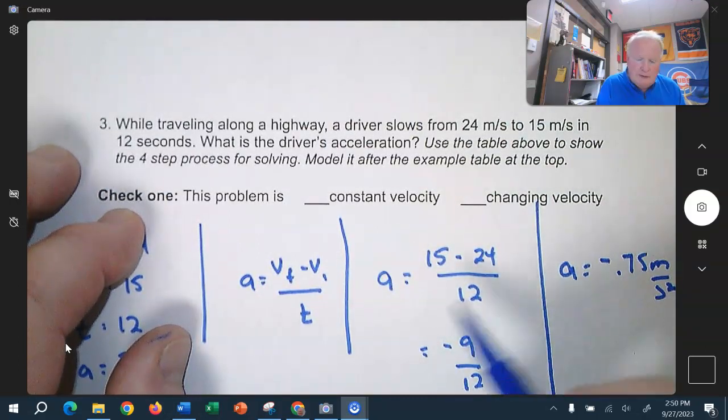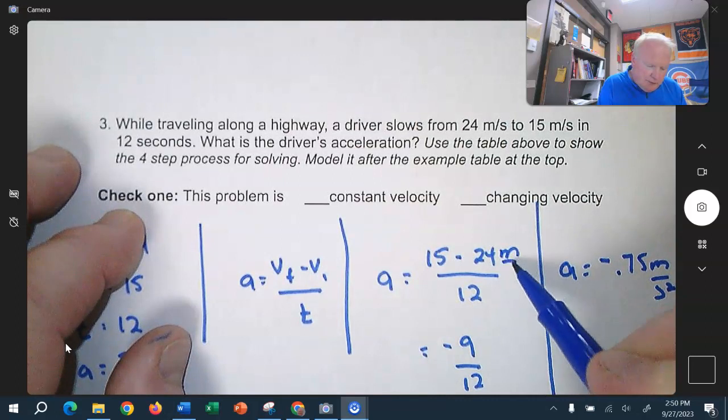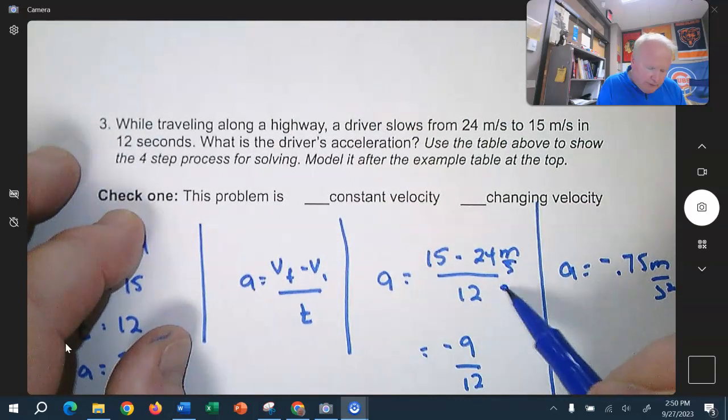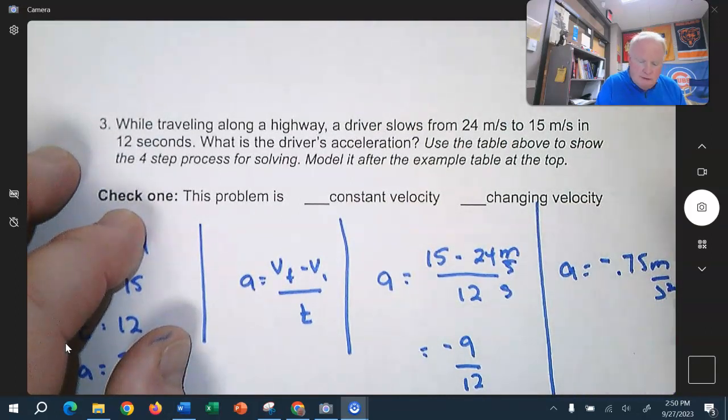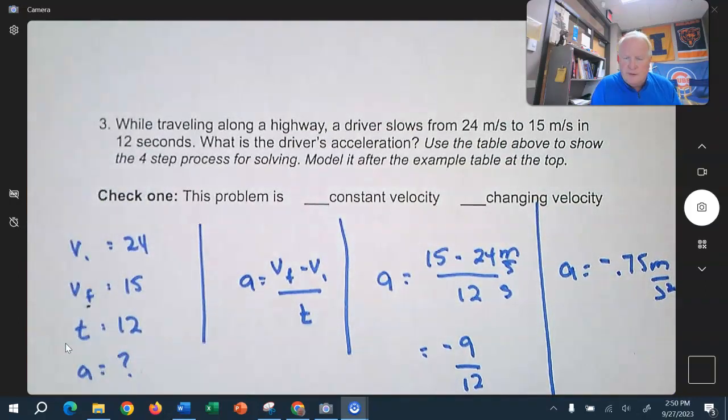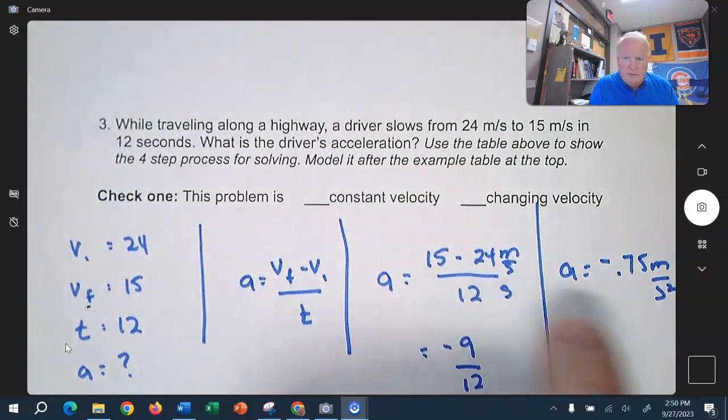Okay, are we sure about that? Well, if this is in meters per second and this is in seconds, then our unit for acceleration has to be in meters per second squared. And that's what we've been talking about. Acceleration is in meters per second squared. So if you haven't noticed, I've already started to ask myself, does this make sense? Well, certainly my units make sense.